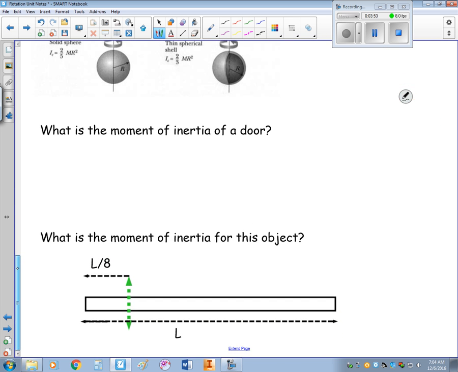All right, so let's take a look at something. What's the moment of inertia of a door? Well, we can think of a door as a lot of thin rods stacked up.